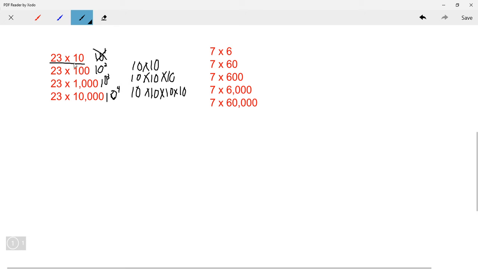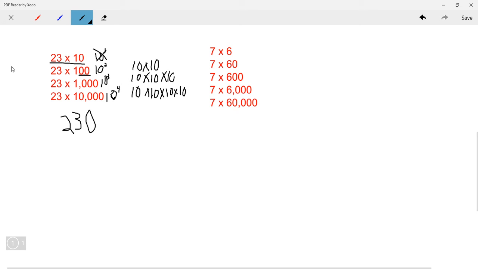So 23 times 10. All I'm doing is multiplying 23 times 1, which is 23, and then adding however many zeros there are here. So this one is 230, right? Now 23 times 1 is 23, and then I'm going to add 2 zeros.